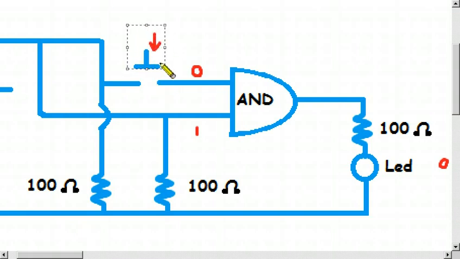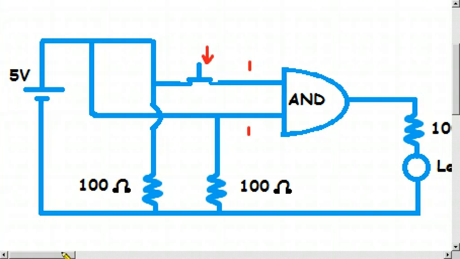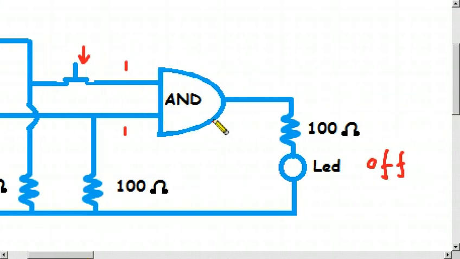The line connects, and the input gets 1 from this 5-volt battery. You can see 1. So both the inputs are 1. Now what happens? The output will be 1. So therefore this LED will be on.